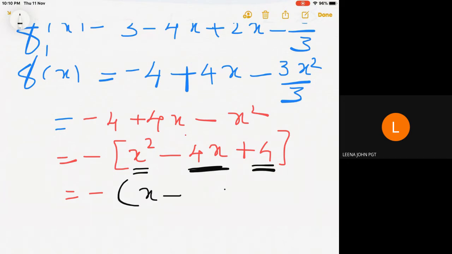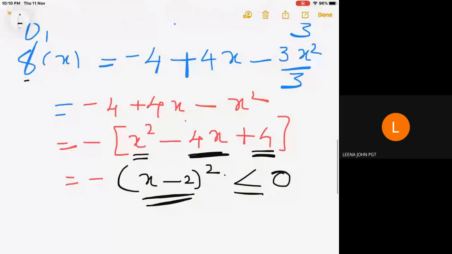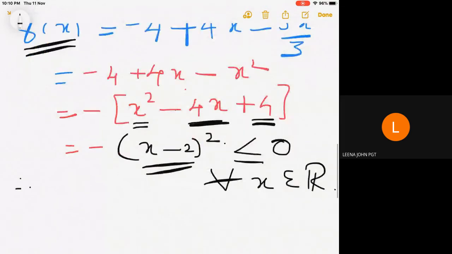So it is x minus 2 whole square, and x minus 2 whole square is always a positive quantity. So minus of x minus 2 whole square will always be less than or equal to 0. That means the first derivative is less than or equal to 0, and this is true for every x in R, every real number. So therefore, f is decreasing in R.